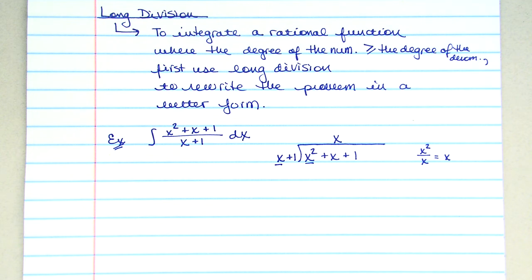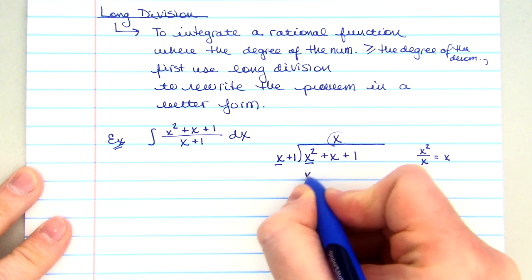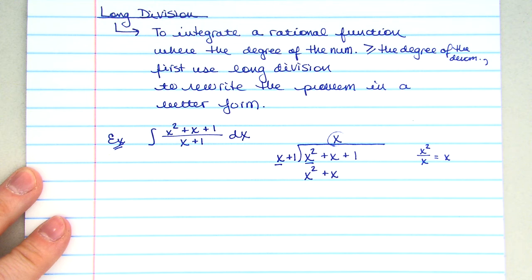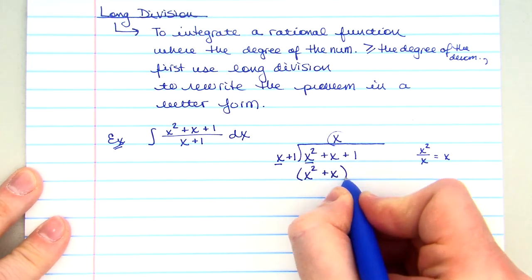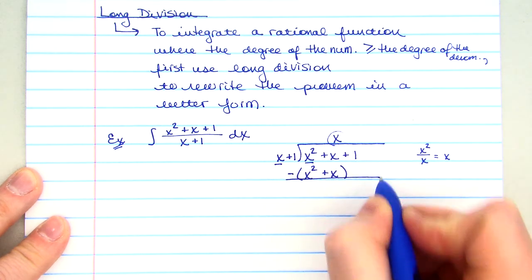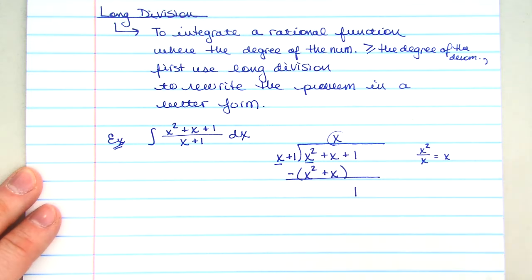I've divided. Now I multiply. I'm going to multiply x by everything out front, and I'm going to get x squared plus x. I've divided. I've multiplied. I'm going to stick some parentheses in there, and I'm going to subtract. Everything canceled except the 1.